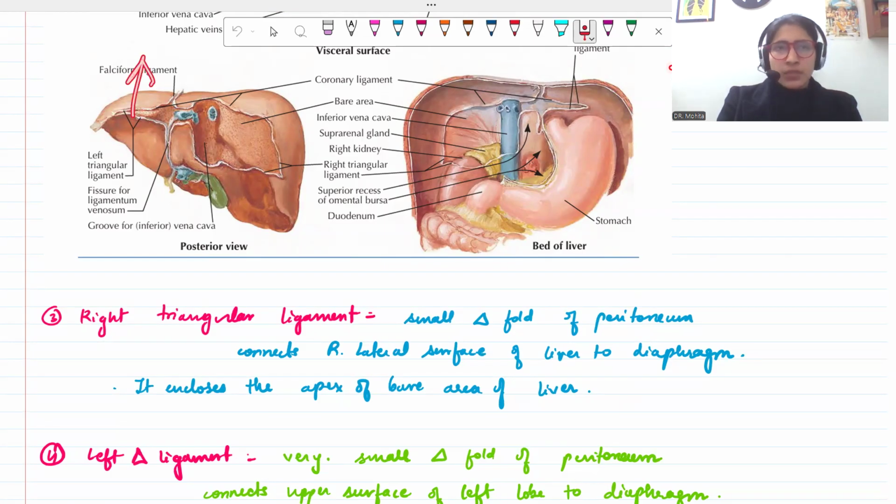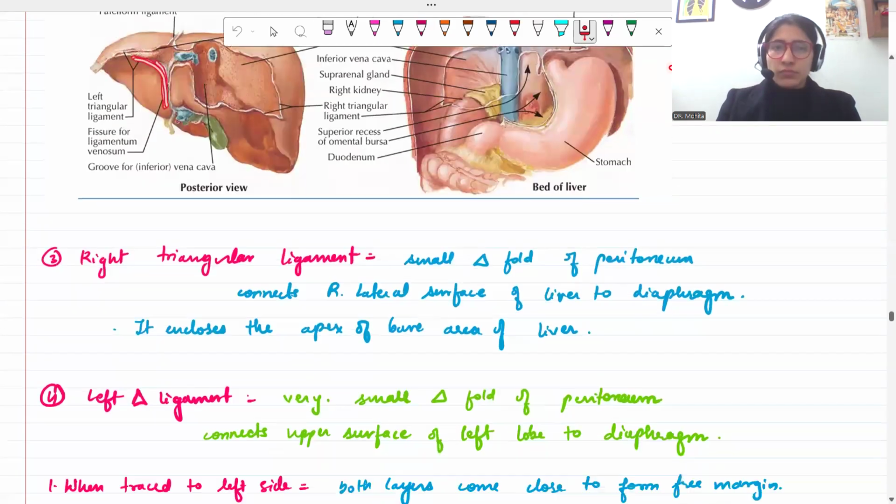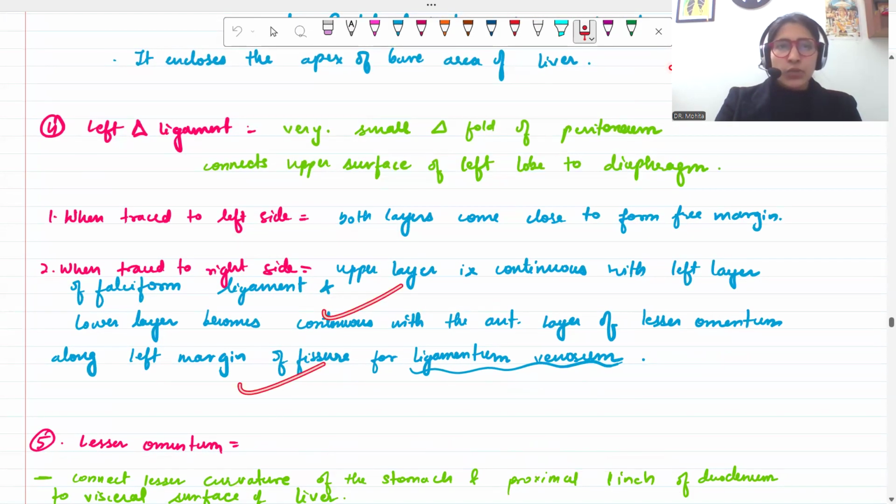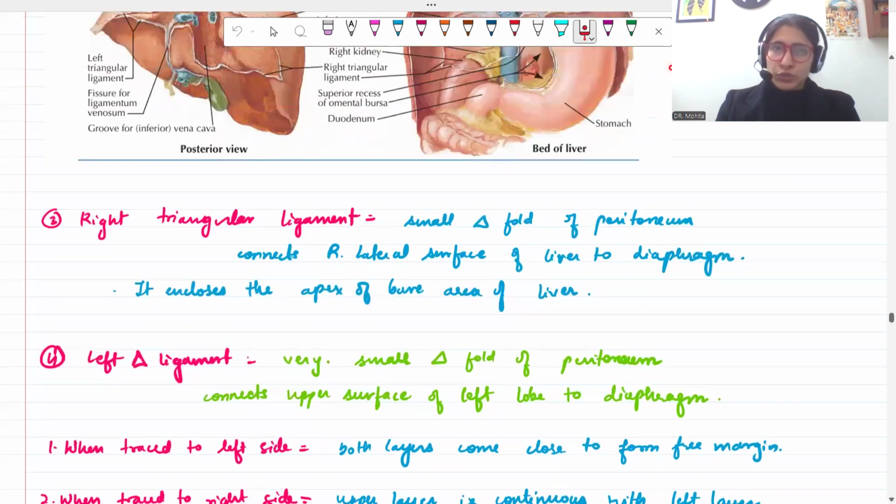Is it good? तो अगर हम इन दोनों को राइट साइड की तरफ ट्रेस करते हैं, so this upper part of coronary ligament becomes continuous with the left layer of falciform ligament, and the lower part of coronary ligament becomes continuous with the fissure of ligamentum venosum, if this makes sense to you. Is it good? Fine. That's what is written here also.